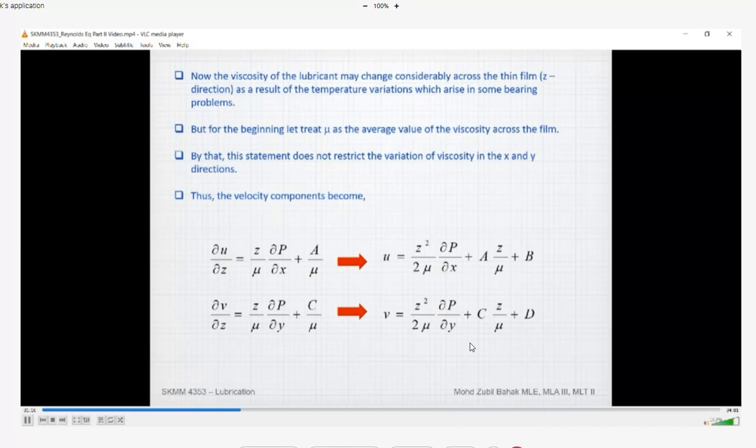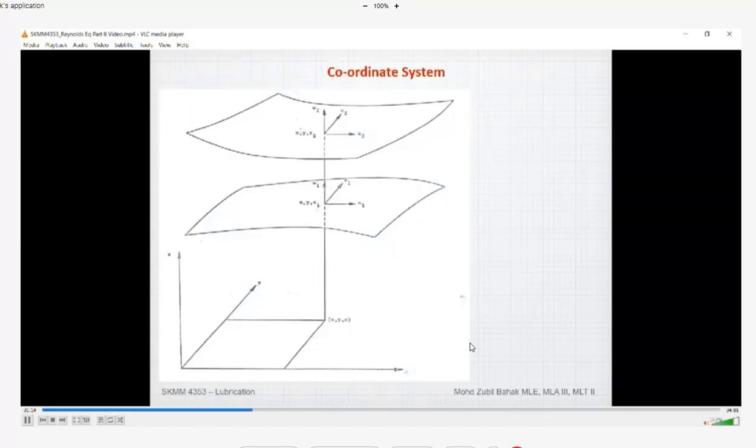we need to have a boundary condition. So let's say the coordinate system that we have is as shown in the figure in front of here. Let's say we have an arbitrary surface. One is at the layer of z equal to z1, and the other is at z2.